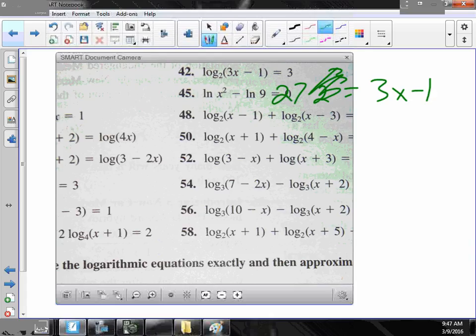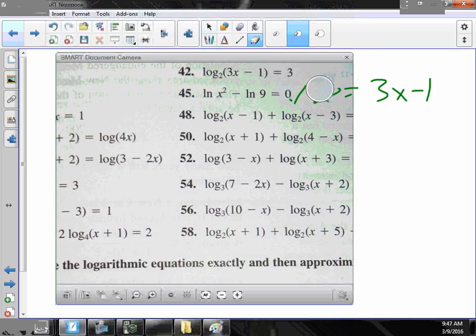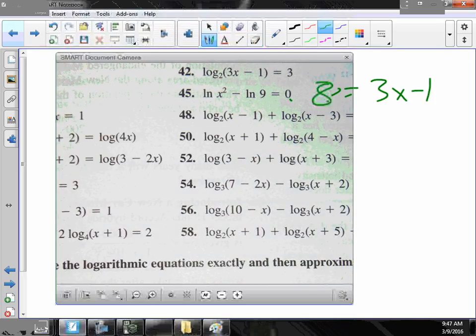So you would add 1 and divide by 3. So you're going to get 28 thirds. Oh, I don't know what I'm doing. 2 to the 3rd is 8. Add 1 is 9. Divide by 3 is 3. There we go. I was just seeing if you're paying attention.